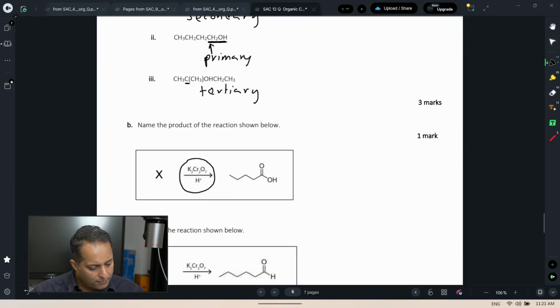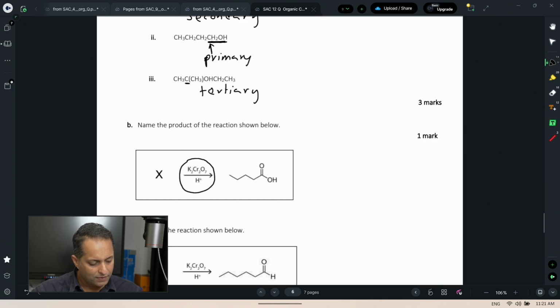They're not saying whether heat is present or not. In other words, is it a mild condition or a severe condition, like with heat in it? But we are making the carboxylic acid.